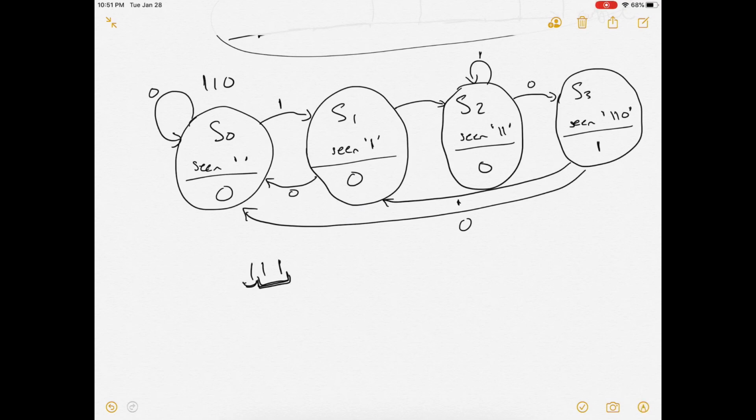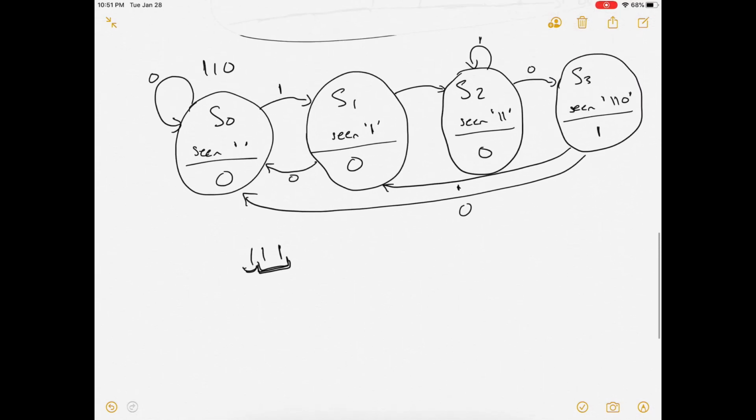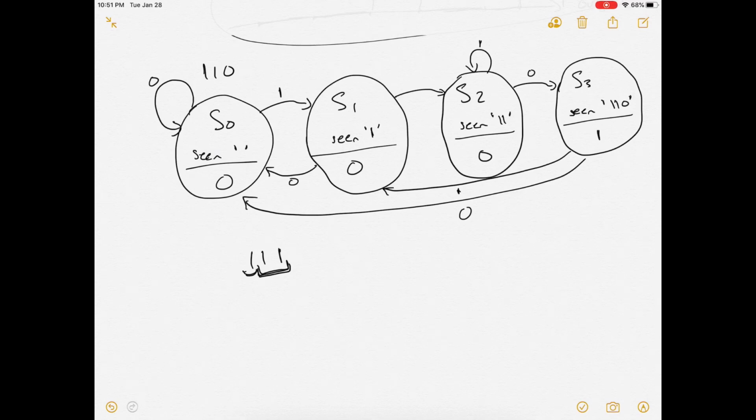So this is basically our state diagram. And from this state diagram, we can move to a truth table. So basically, to be able to design a circuit, we will need a truth table or a logic circuit. Now, how do we represent states in logic circuits?